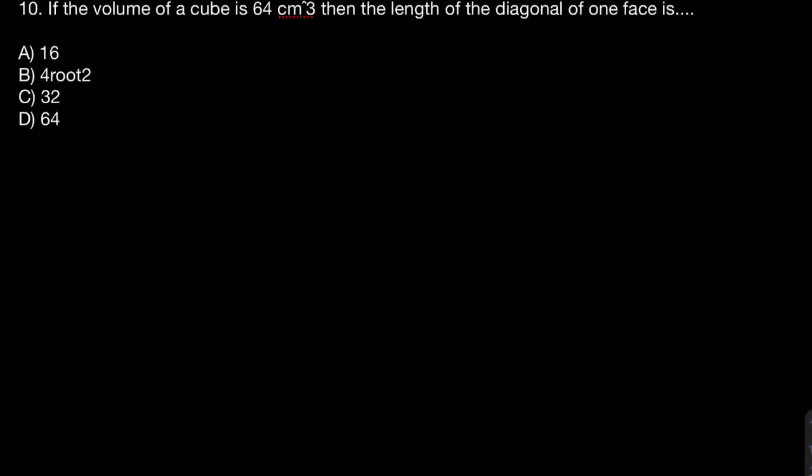Now, question 10 asks, if the volume of a cube is 64 centimeters, then the length of the diagonal of one face is what? So, what's the volume of a cube? That's the first thing you think about.